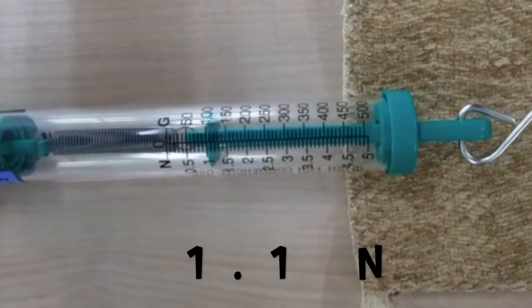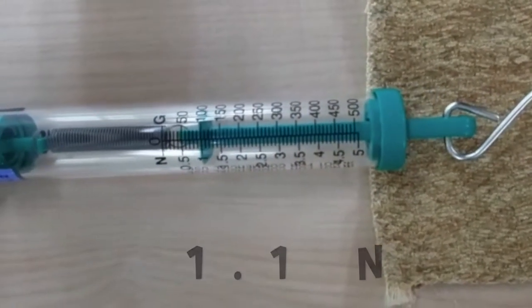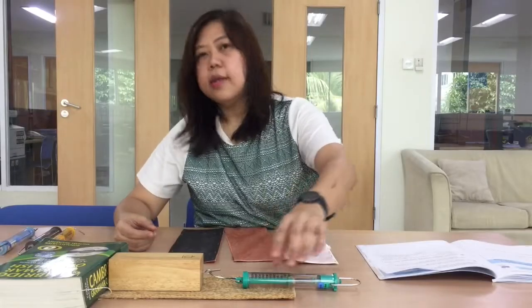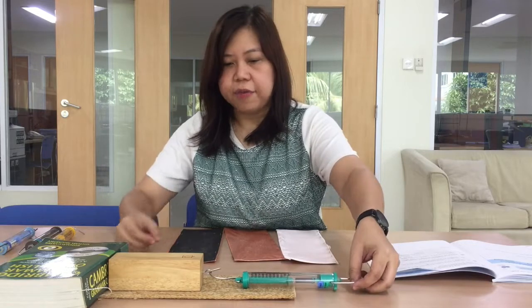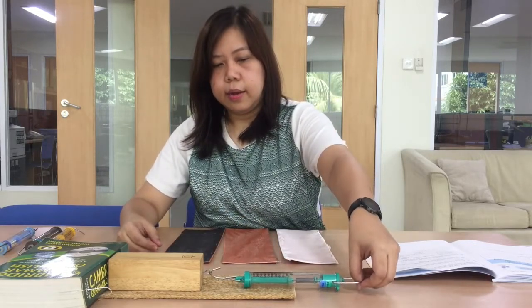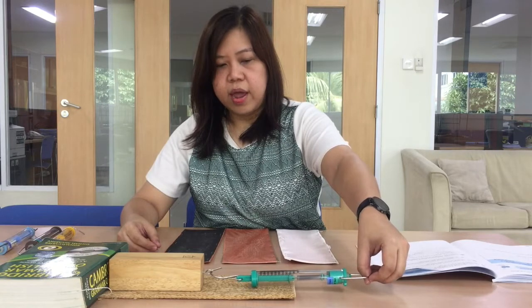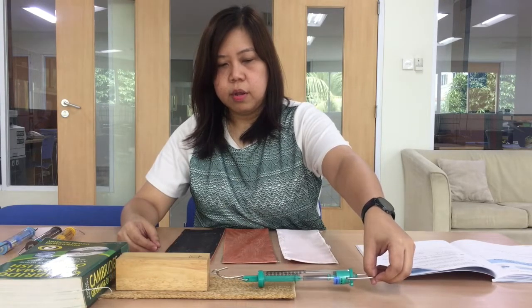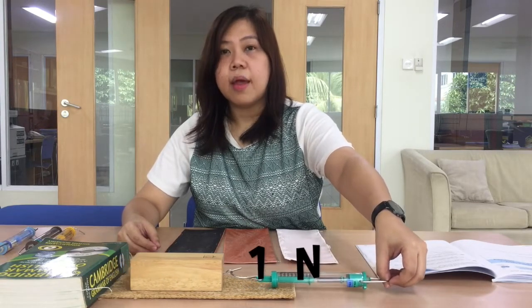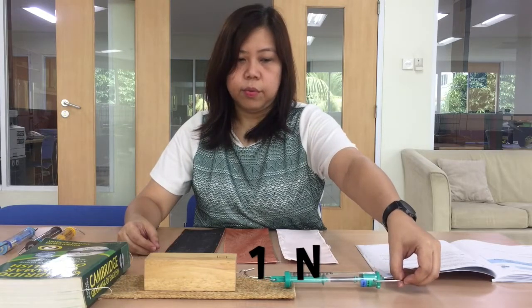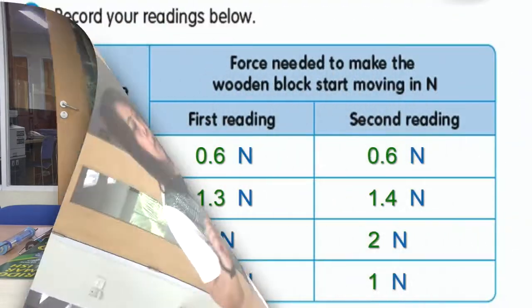So that's for our first reading. Now let's go to the second reading for the last surface, the surface with the towel. It's around 1 newton too.